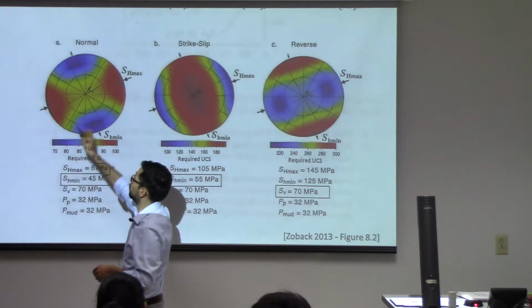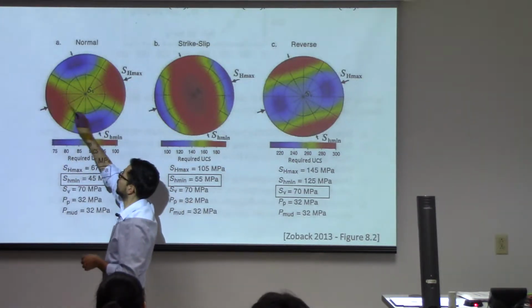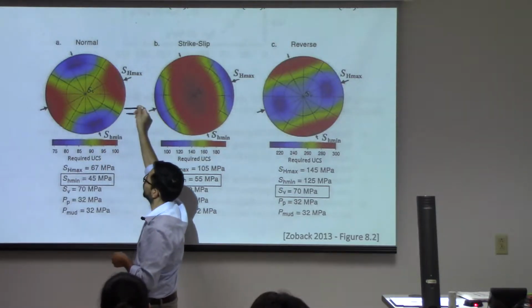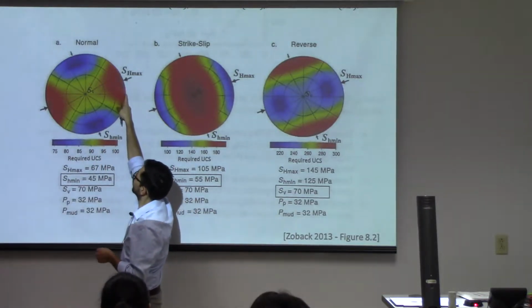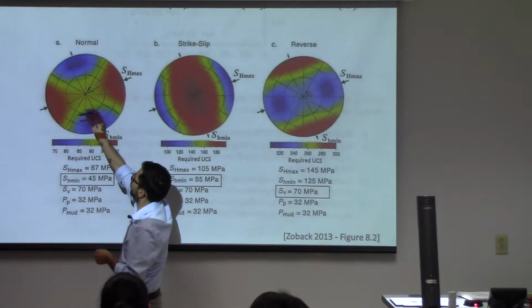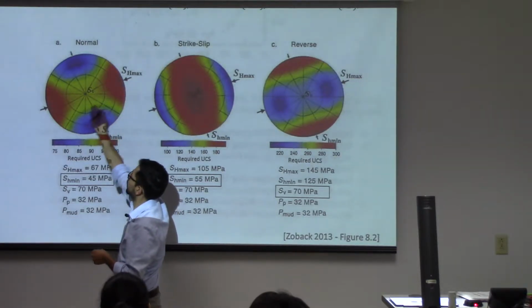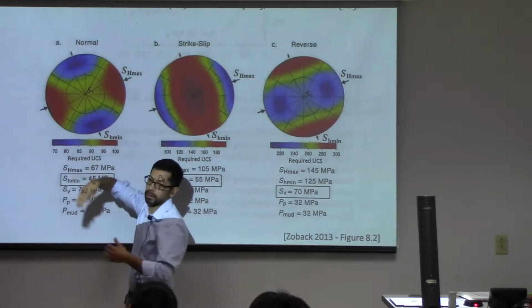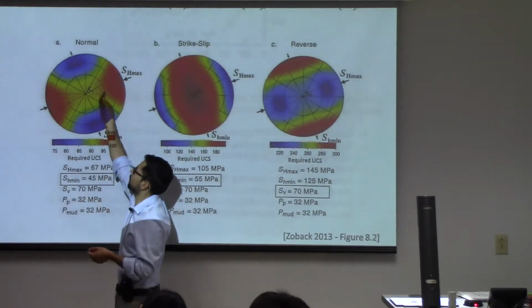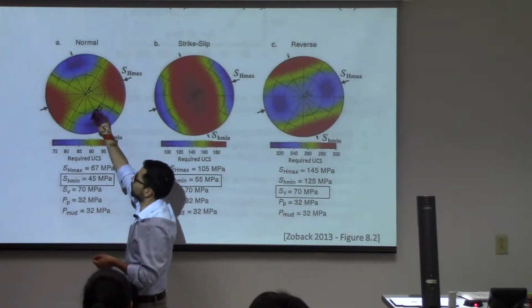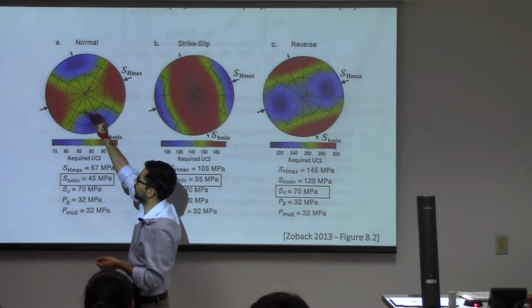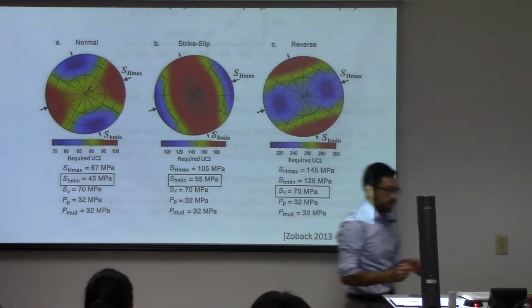A vertical wellbore is a point that hits the lower hemisphere in the middle. A horizontal wellbore going to the east is a line that hits the lower hemisphere projection just at that point. And in general, at any arbitrary orientation, you can tell what is the deviation of the wellbore and what is the azimuth of the wellbore, in which direction it is going with respect to the north.